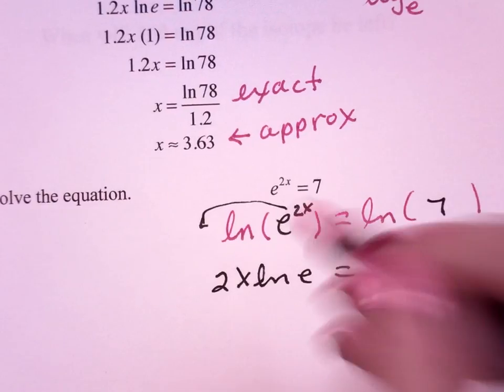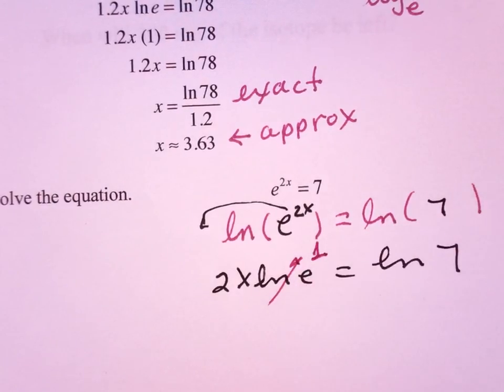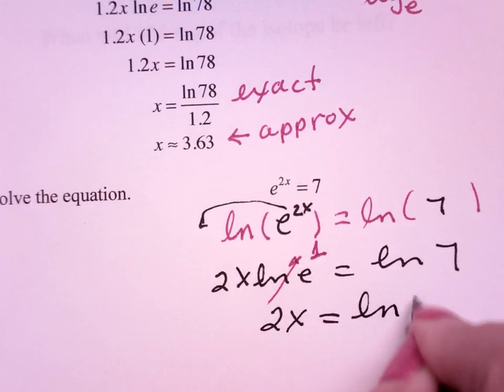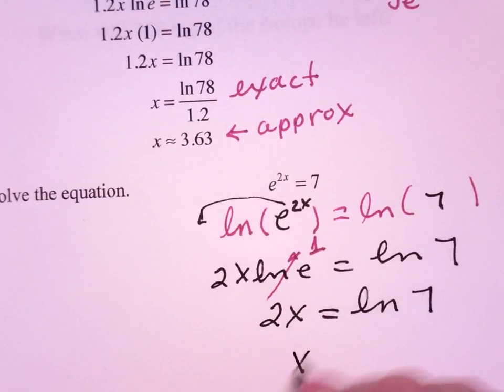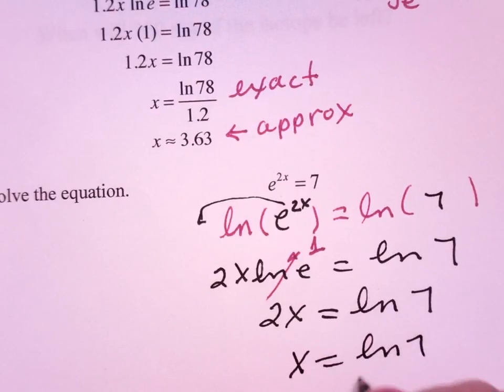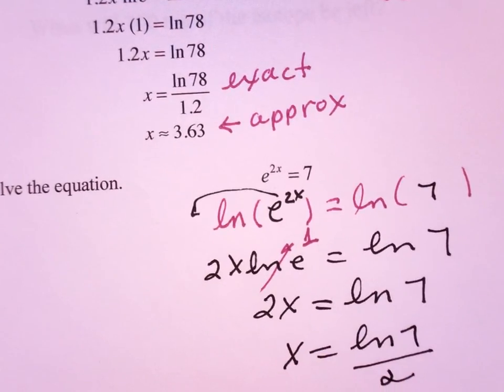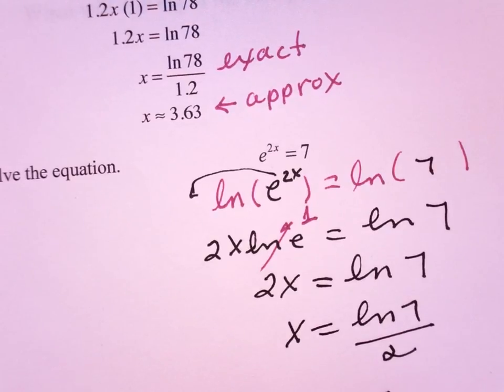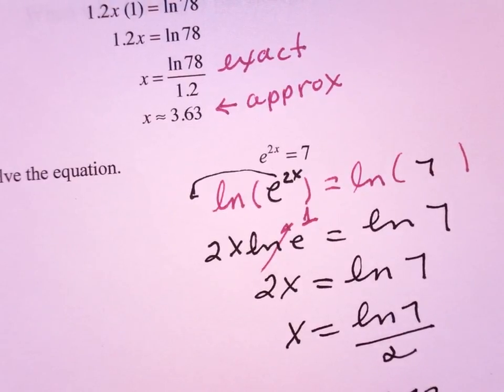We said natural log of e is 1. So 2x equals the natural log of 7, or x equals the natural log of 7 all over 2. And that's an approximation of 0.973.